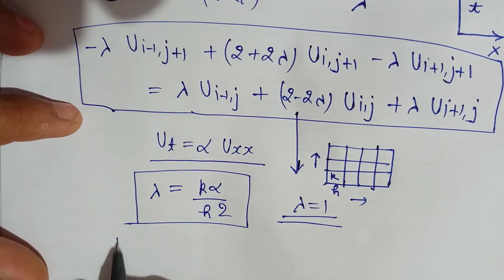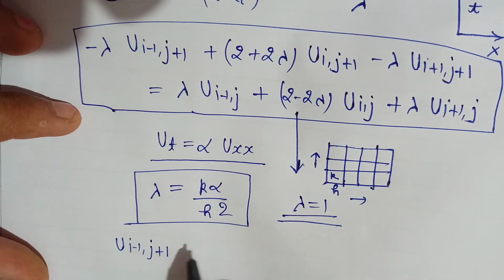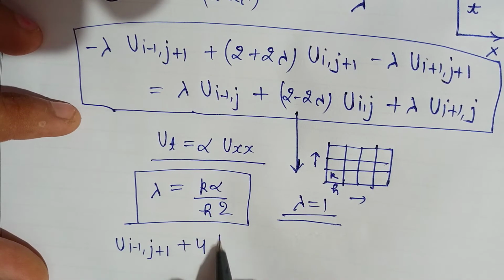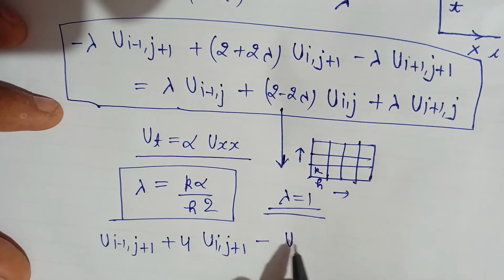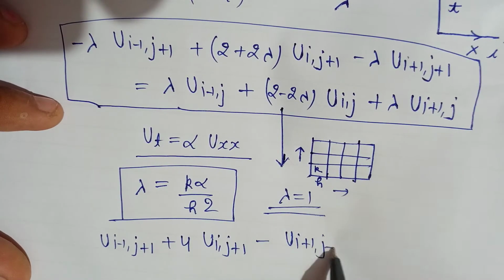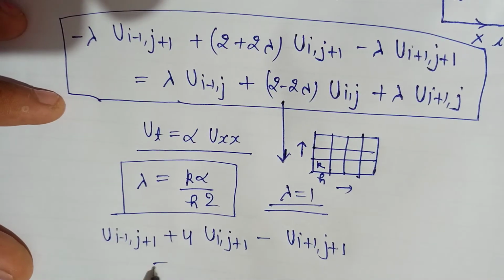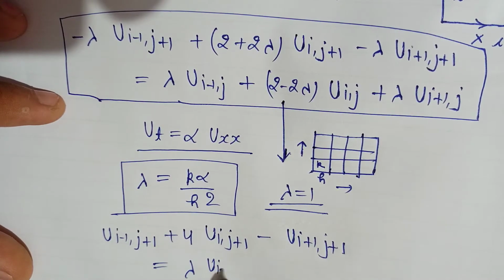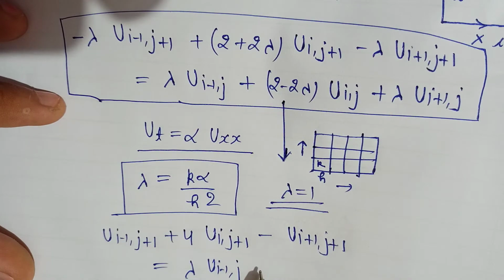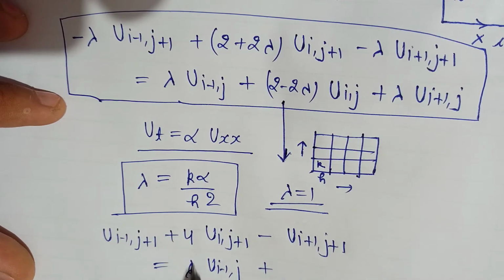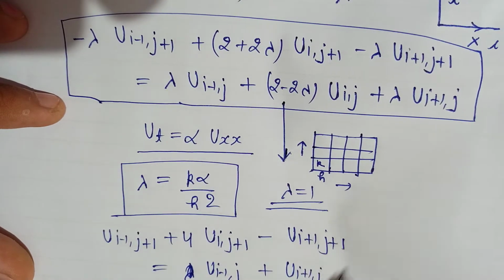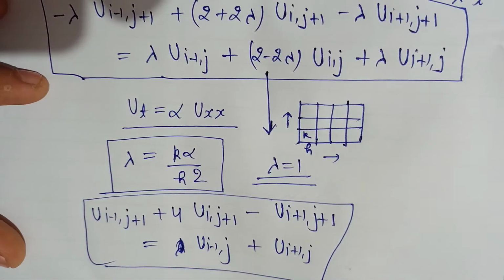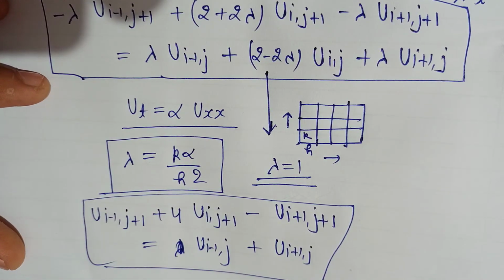We get minus u i minus 1, j plus 1 plus 4 u i comma j plus 1 minus u i plus 1, j plus 1 equal to u i minus 1 comma j plus u i plus 1 comma j. So this is a simplified form of the Crank-Nicolson method, lambda equal to 1.